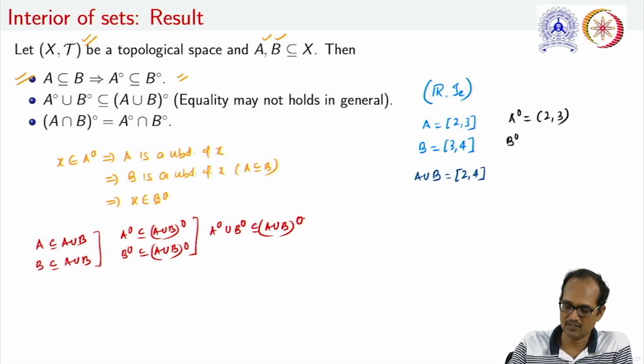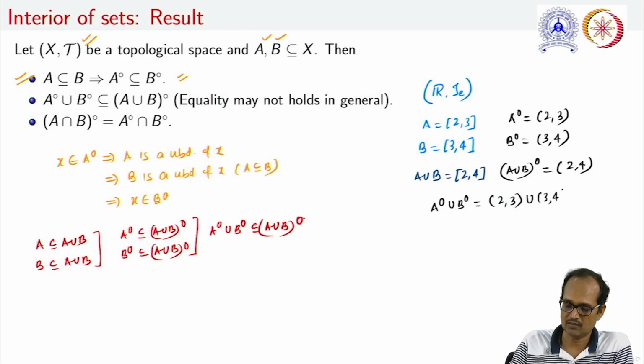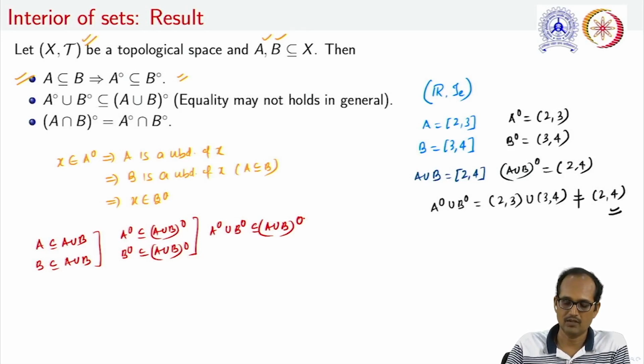B interior is also an open interval (3, 4). But (A union B) interior will be the open interval (2, 4). Now, A interior union B interior is (2, 3) union (3, 4), the union of two open intervals, and note that this is not equal to the open interval (2, 4). Therefore, equality will not hold in general.